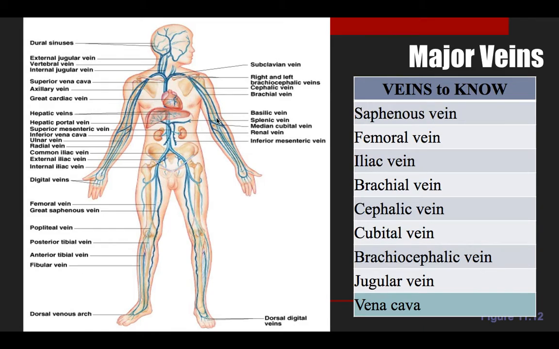And so the brachial vein and the cephalic vein, which, by the way, the median cubital vein, or just the cubital vein right here, is going to connect blood that's draining from the lateral part of your arm and blood draining from the medial part of your arm. But the point is, all of it is draining into the brachiocephalic vein right there.